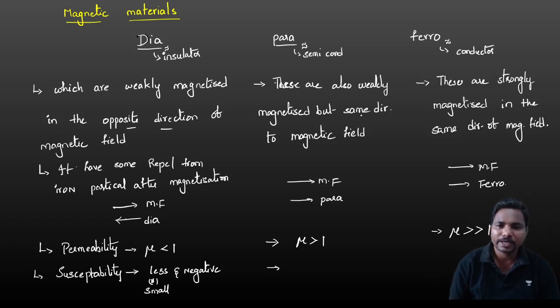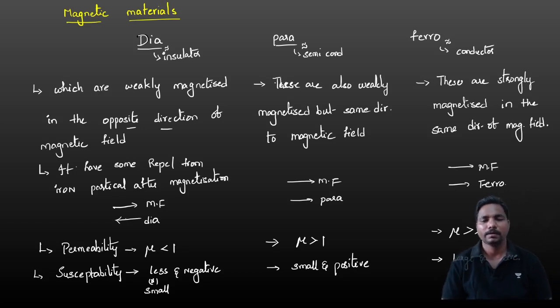Here, same direction but weakly, so small and positive. Here, same direction and strongly, so large and positive. So these are the very important points belonging to dia, para and ferro.